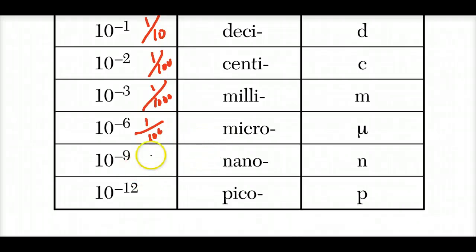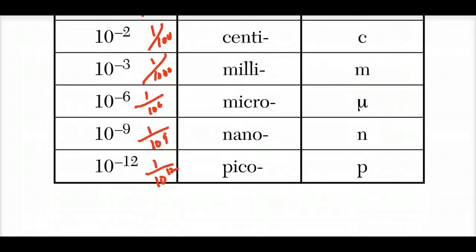Micro is 1/1,000,000th, nano is 1/1,000,000,000th, 10 to the 9, and pico is 1/1,000,000,000,000th, 10 to the 12. Very small values. I've yet to see any conversions with these values, but I guess it's fair game. You never know.